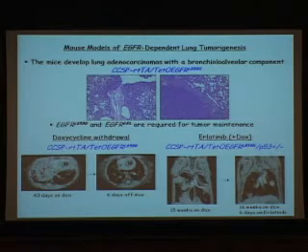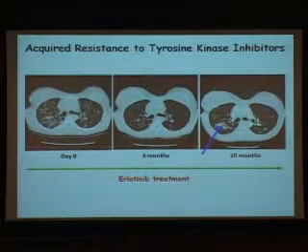And similarly, when we take mice with tumors and we treat them with a tyrosine kinase inhibitor like erlotinib, the tumors shrink and go away, very much recapitulating the scenario that you see clinically in patients with EGF receptor mutant lung adenocarcinomas treated with tyrosine kinase inhibitors.